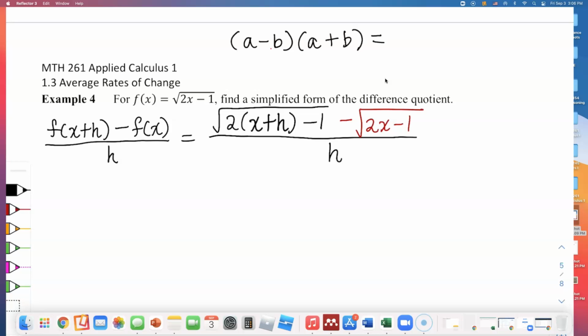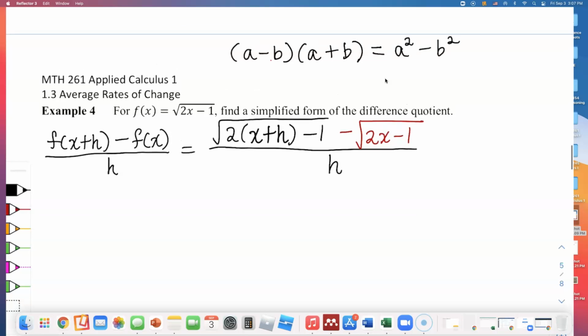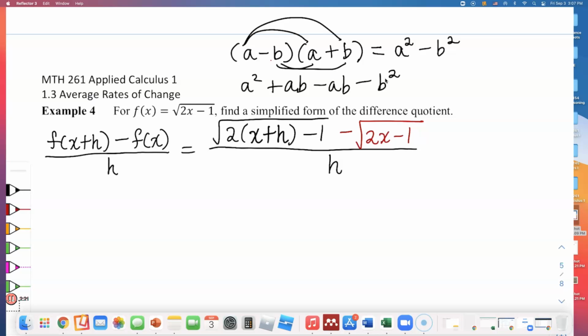When you multiply this, you get a squared minus b squared, right? You can check it by foiling. We can do that real quick. That's a squared plus ab minus ab, and lastly minus b squared. So these middle terms cancel out, leaving us only with a squared minus b squared.